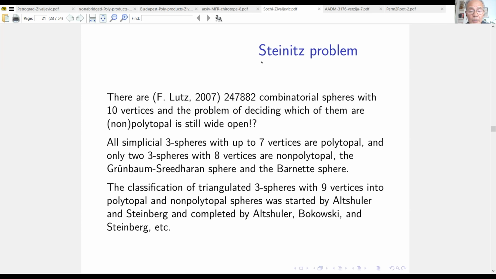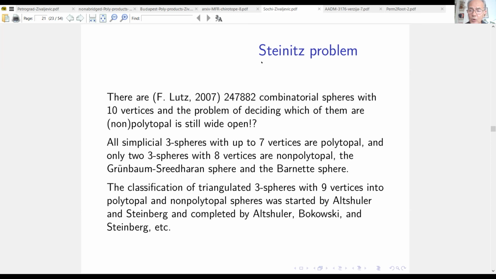And when we look at spheres with 9 vertices, it was a major project which took maybe several decades to classify which of them are polytopal and which are not. It was done by Altshuler and Steinberg, and completed by Altshuler, Bokowski, and Steinberg. But with 10 vertices it is still open, let alone more than 10 vertices.